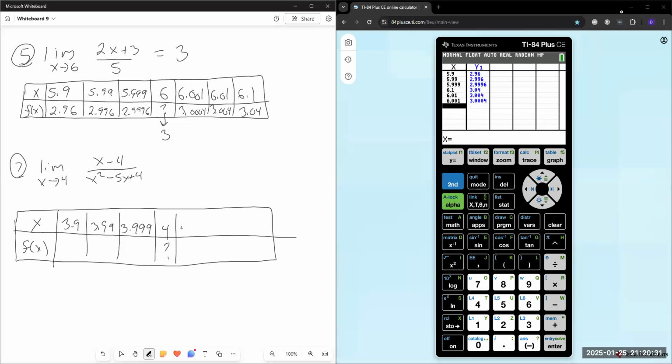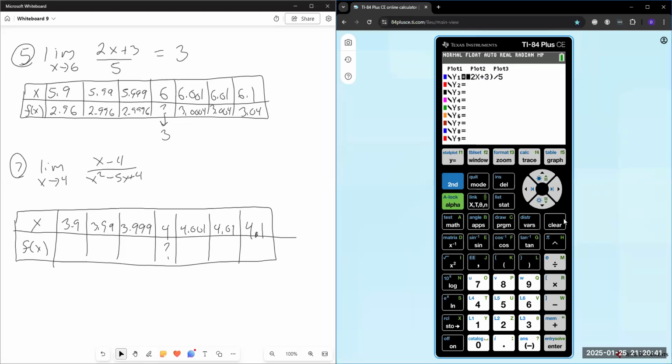Then 4.001, 4.01, 4.1. So I'm going to change my equation here, and I have a numerator of x minus 4 and a denominator of x squared minus 5x plus 4.